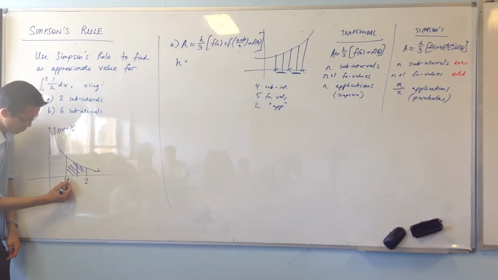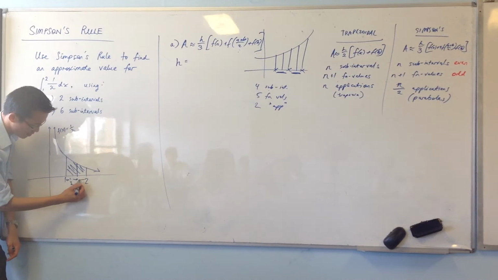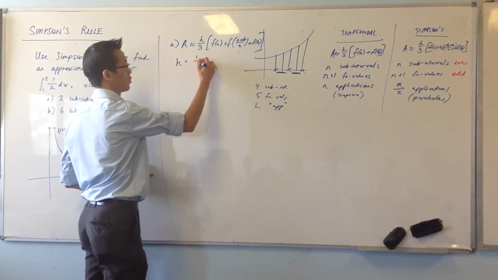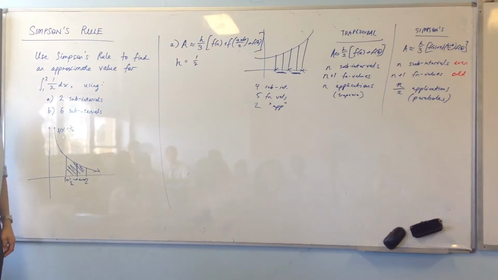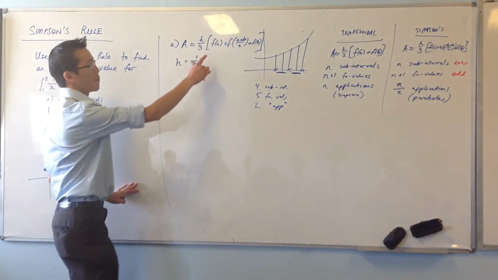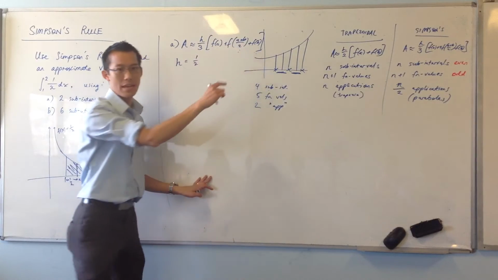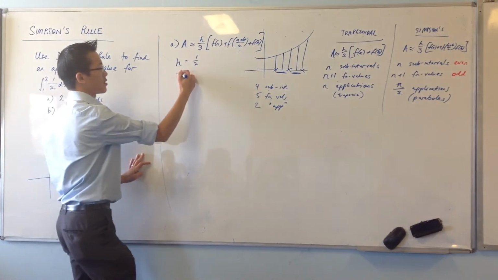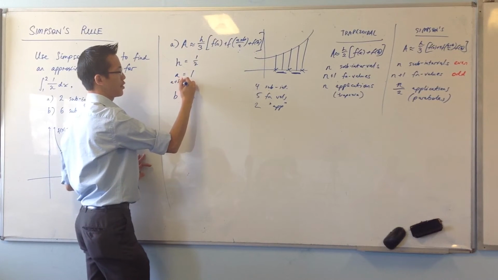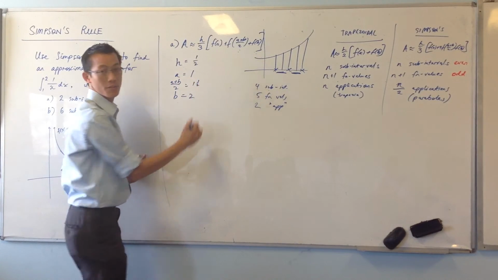That's a half there, and that's a half there. It's the height of each one, okay? So h equals 1 on 2. Okay. All right, now, what are all these values here? A, a plus b on 2, and b, right? A is 1, and b is 2, so therefore the average between them is just 1.5.